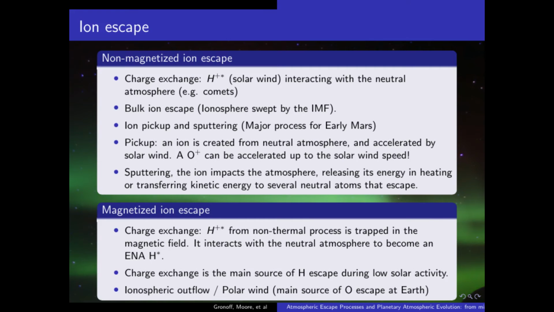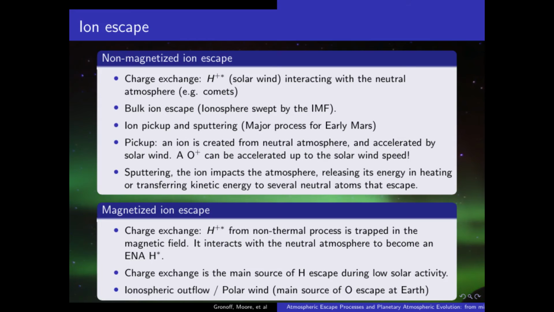We have ion escape, which can come in several cases, like the non-magnetized ion escape. For example, the charge exchange, where we have the proton coming from the solar wind interacting with the neutral atmosphere, leading to particles from this atmosphere to escape. We have the bulk ion escape, where the ionosphere interacts with the magnetic field of the solar wind and basically the ions are swept away.